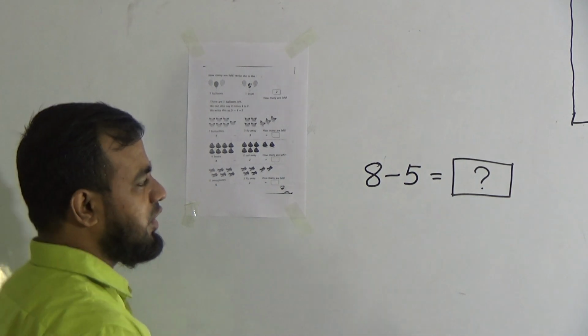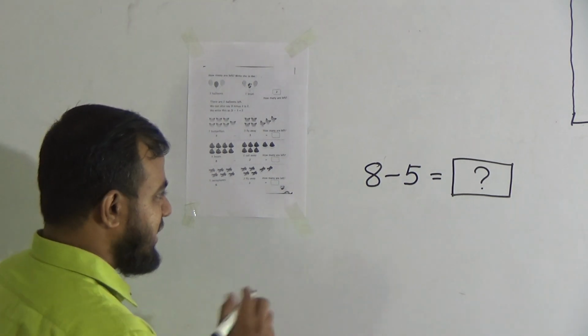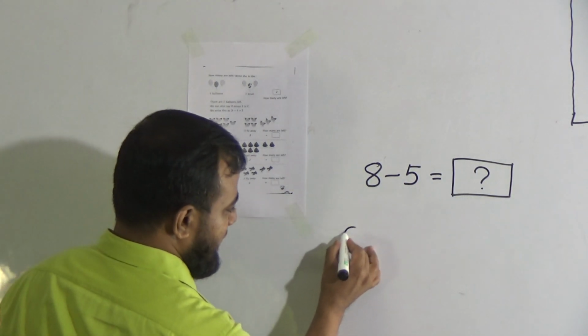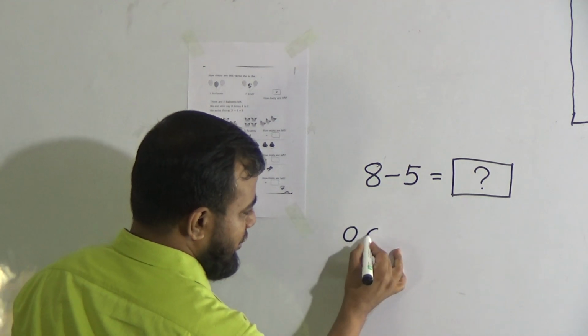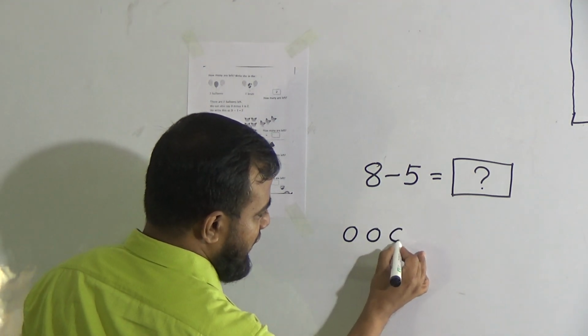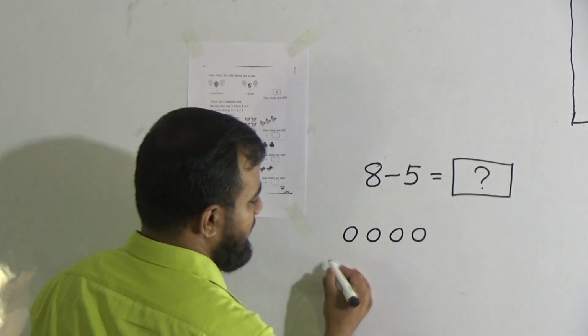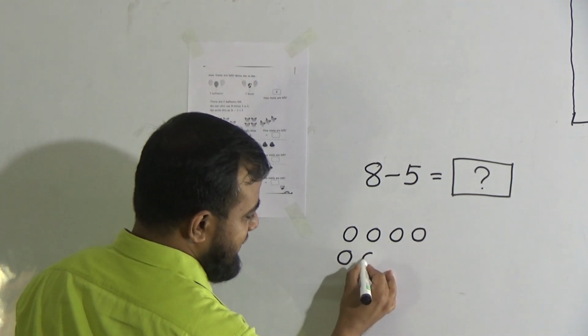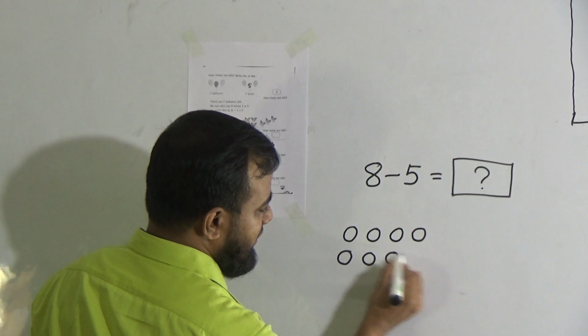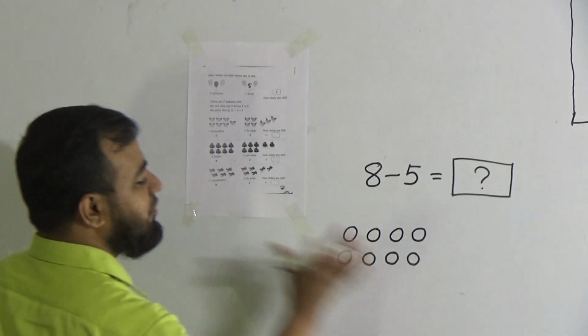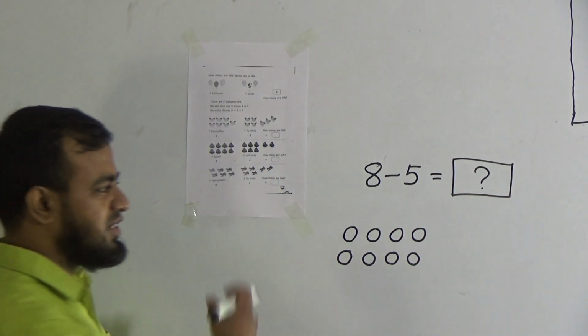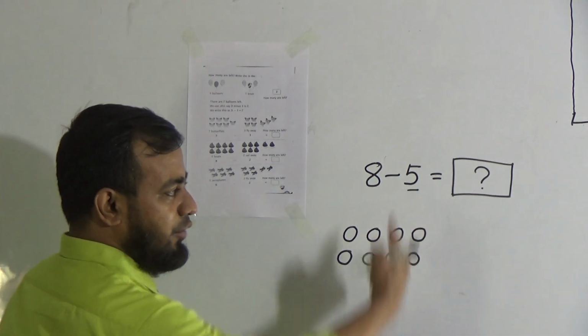To do that we will use the picture. Suppose these 8 things are there. 1, 2, 3, 4, 5, 6, 7, 8. From these 8 things, we need to subtract 5 things and we will get the answer.